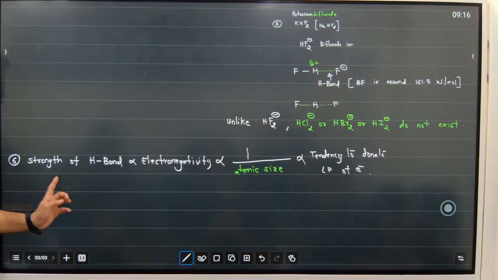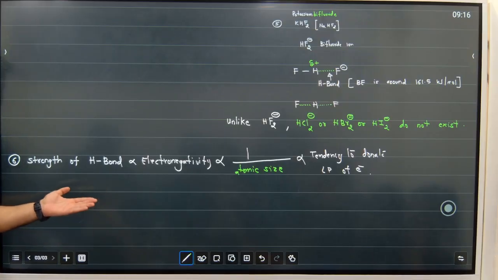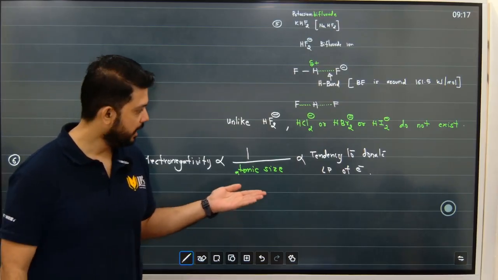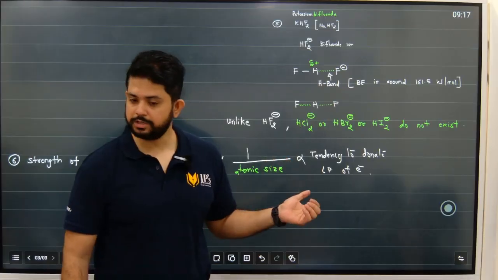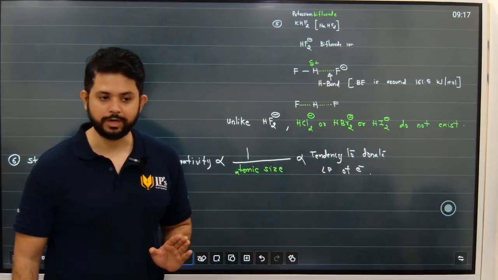This is very important because this will help us compare the strength of hydrogen bonds. I repeat, the strength of hydrogen bonding is directly proportional to the electronegativity of the atom. It is inversely proportional to the atomic size, and it is directly proportional to the tendency to donate lone pair.